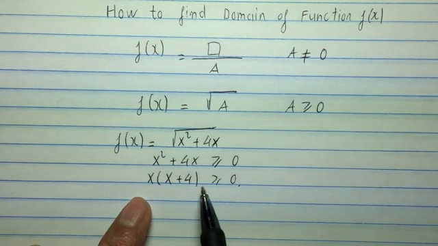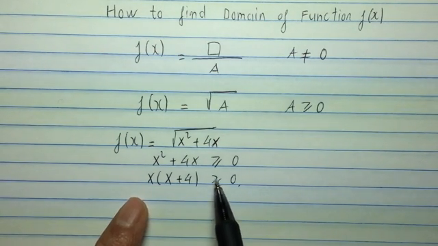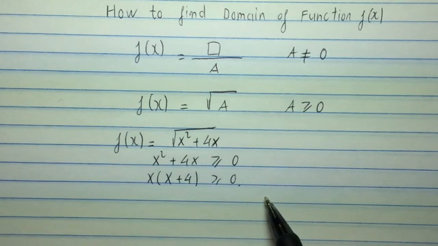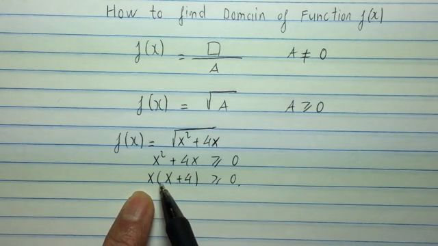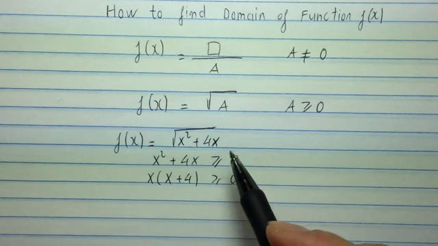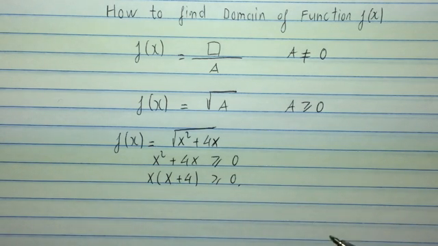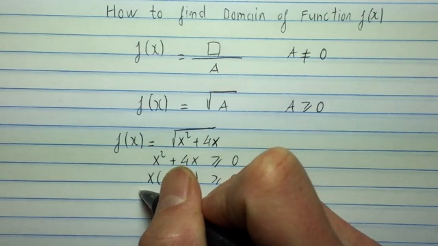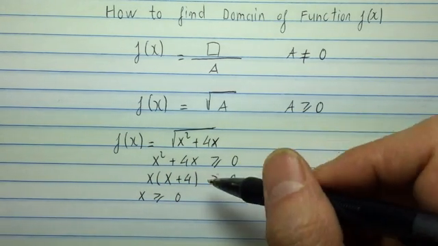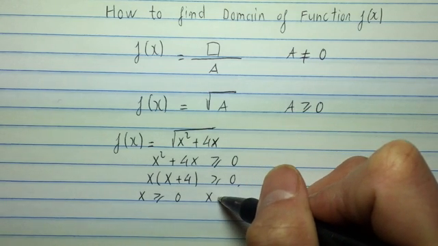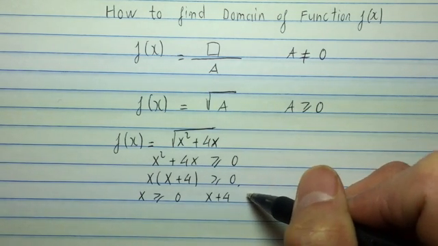So in this case, x bigger than 0 and x plus 4 bigger than 0, because two numbers bigger than 0 times each other are always bigger than 0.